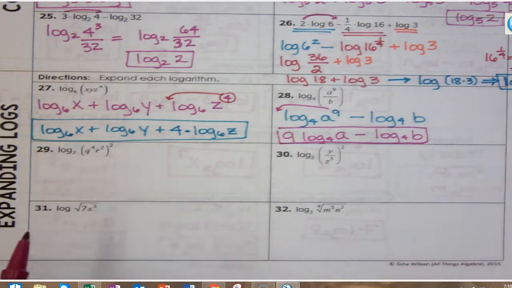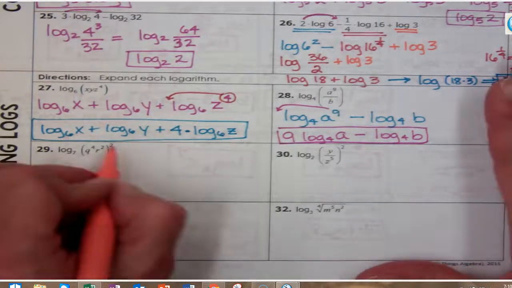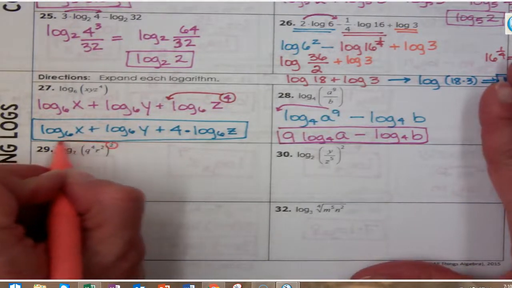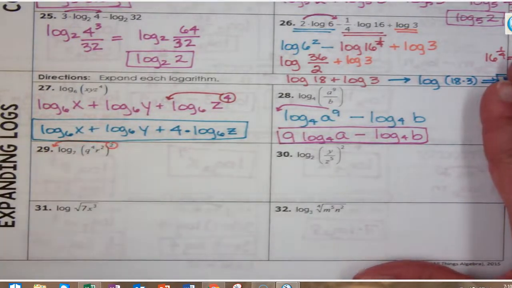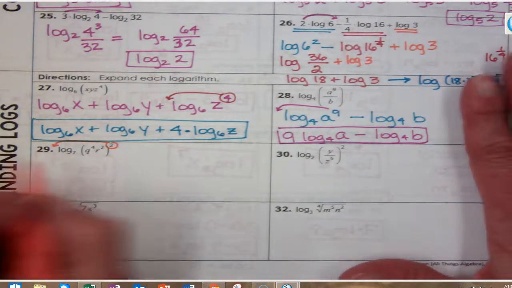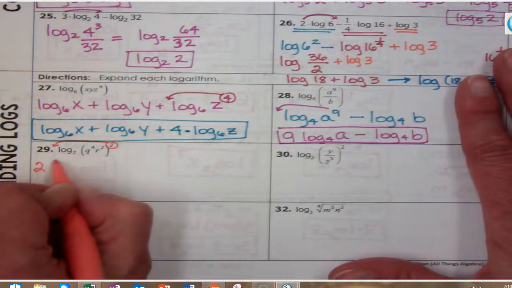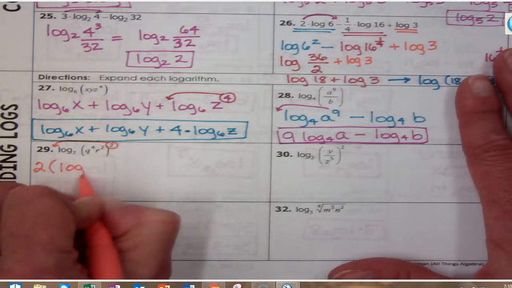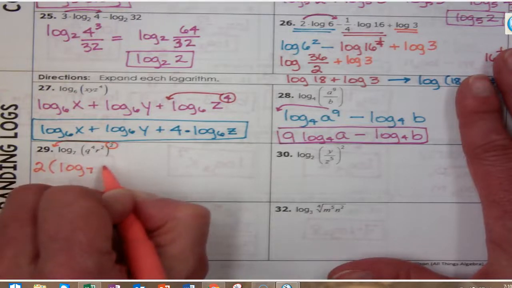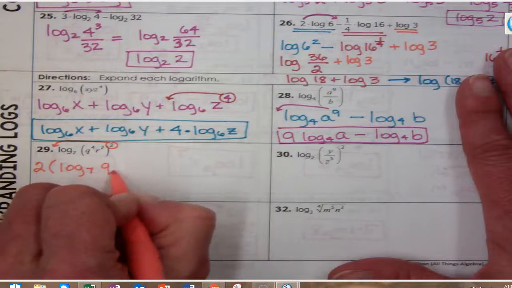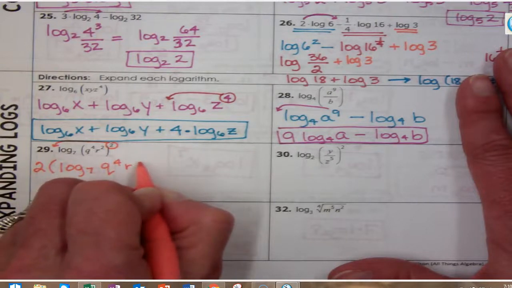Now, this one looks extremely complicated, but we're just going to take it one step at a time. You're going to first move this to the front. So we're going to have 2 log base 7 Q to the 4th R squared.